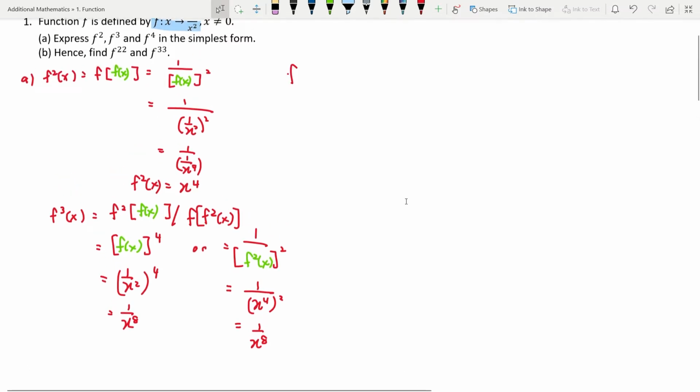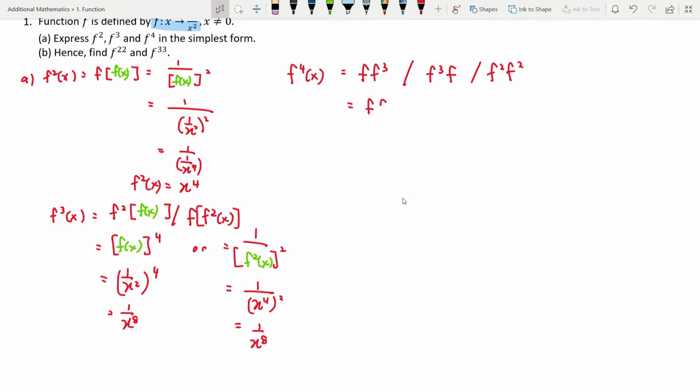Then we are asked to find f4(x). For f4(x), there are more ways of doing it. Either we do f of f3, or f3 of f, or f squared of f squared. Let's try f of f3. We have f of f3(x).